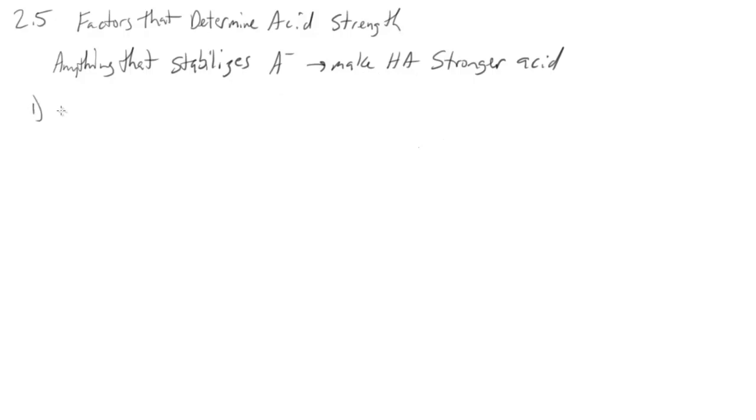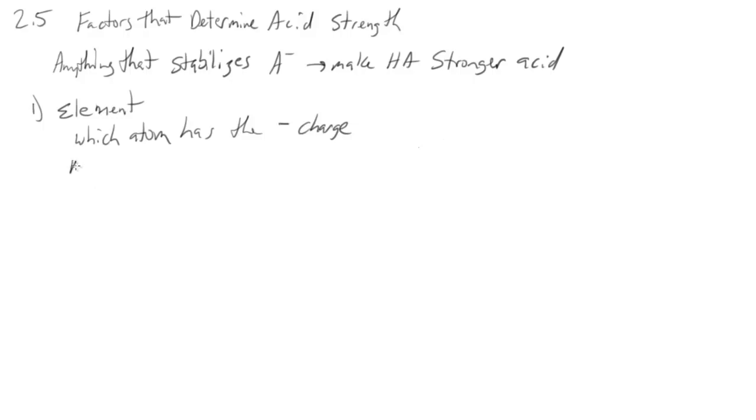First, and this is going to be the most important factor, is an element effect. And the element effect really is which atom has the negative charge. And it's a fairly simple rule.